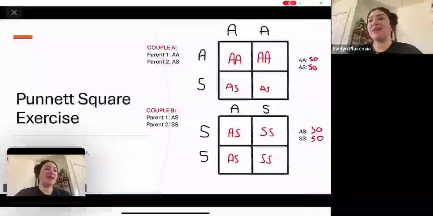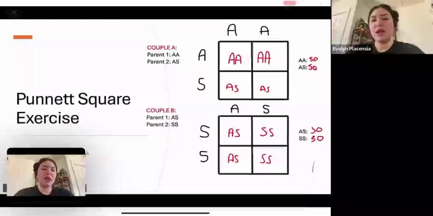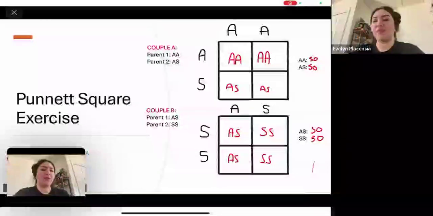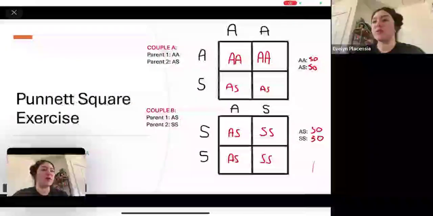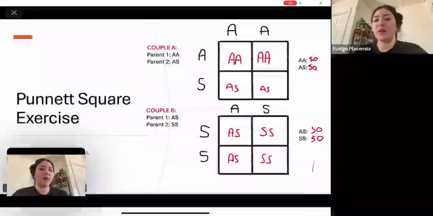Couple B, on the other hand, it's going to be a little rough, and this is why sometimes it's recommended to have testing done prior to having children, especially if you're aware that there's a disorder that runs in the family, because remember, this is a genetic disorder, it's inherited.